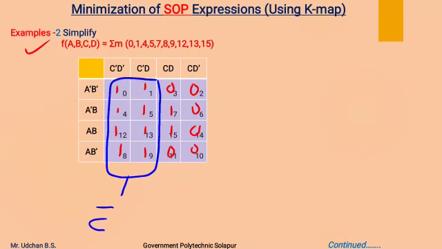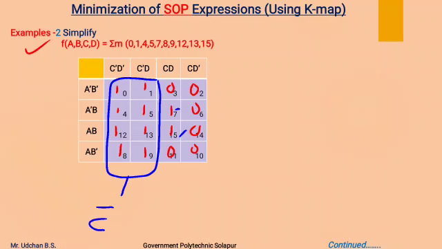After that these two ones are remaining, so we cannot form an octet using these remaining ones, so we will go for a quad if it is possible.